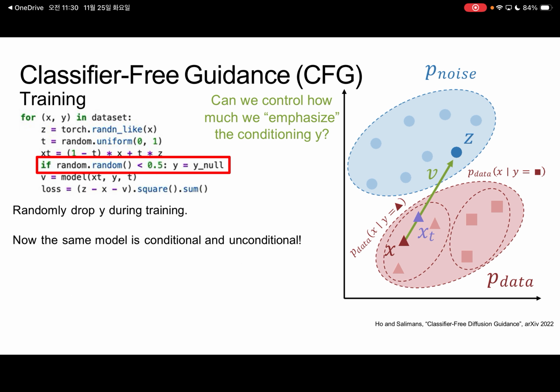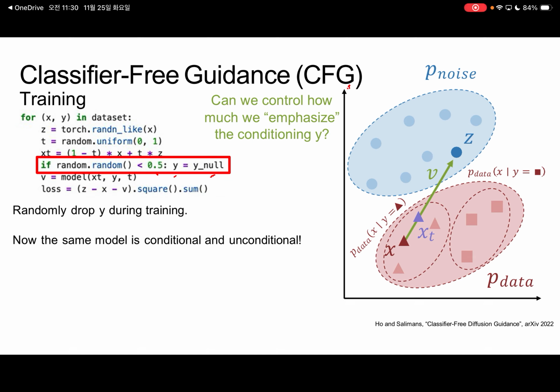Here we have classifier-free guidance. There's a small change in training. With some probability, like a half probability, we set y to null. y null means an empty condition, right? With some probability we set the condition to null, which means there's actually no condition.